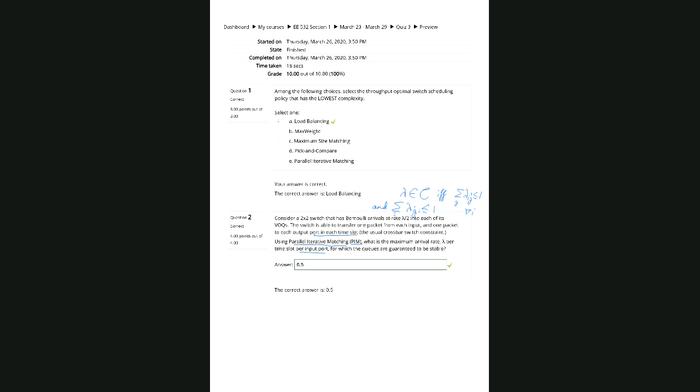So basically, since the rate of arrivals is lambda over 2 into each virtual output queue, the sum of these is lambda, and we know that the sum should be less than or equal to 1/2 of the capacity region, which is 1/2. So the answer is 0.5. Any questions?